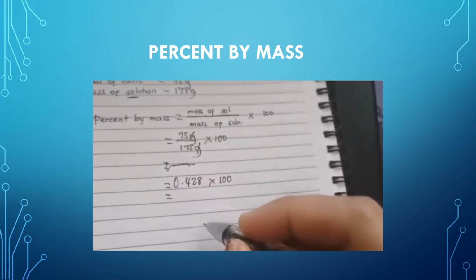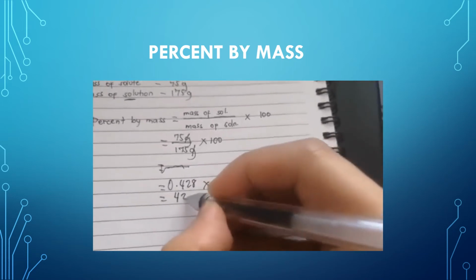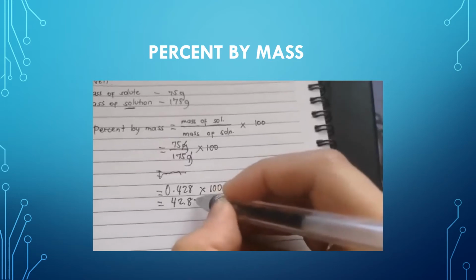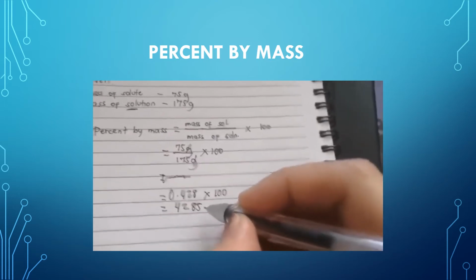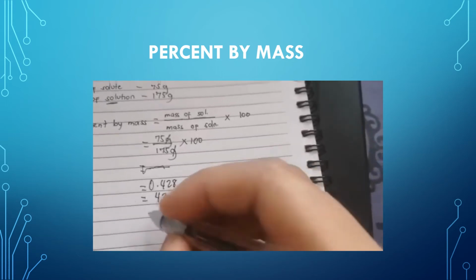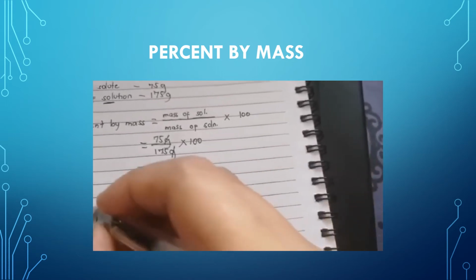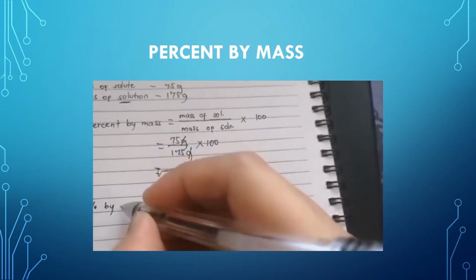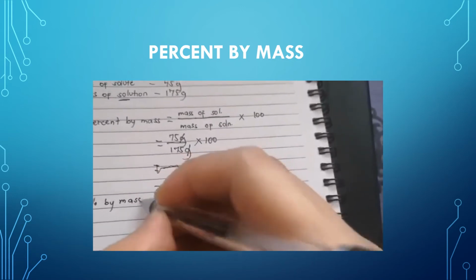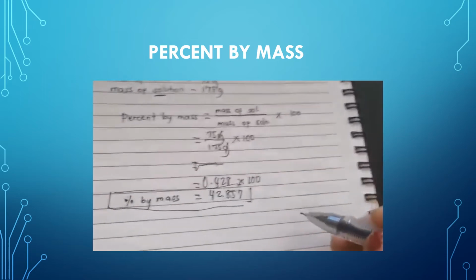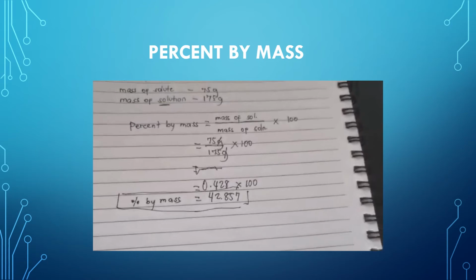Then, your answer there is 42.85 or 42.86 because it is 857. That is the percent by mass. So that's all there is to it.